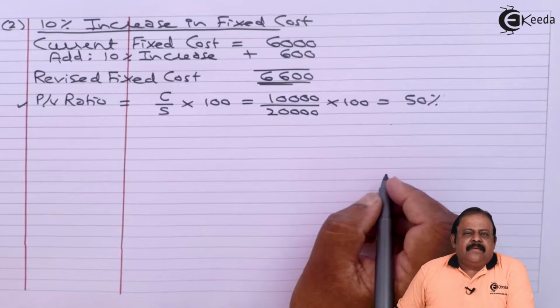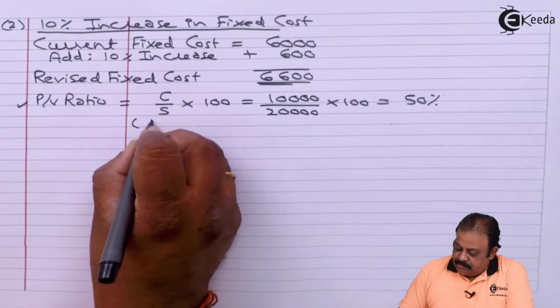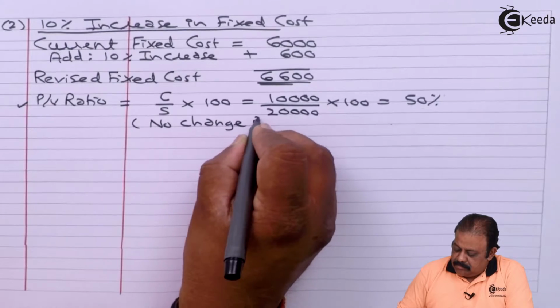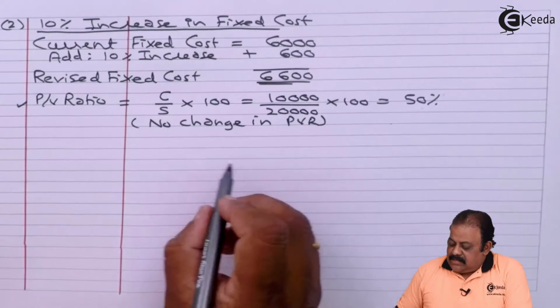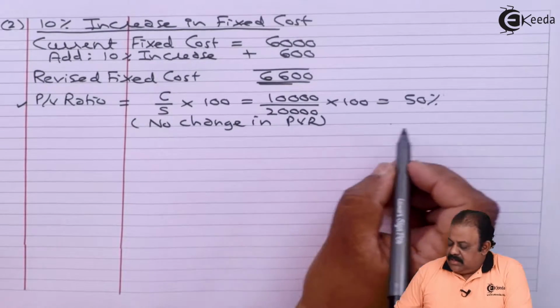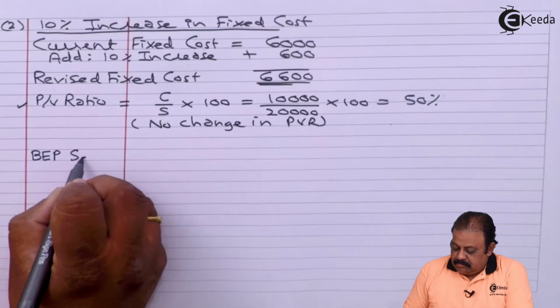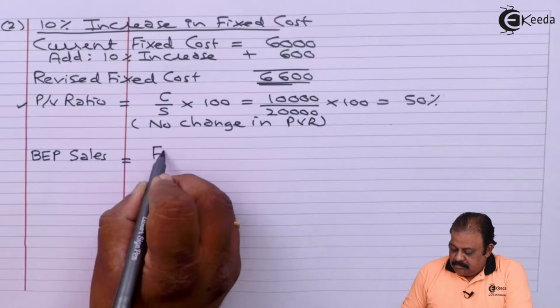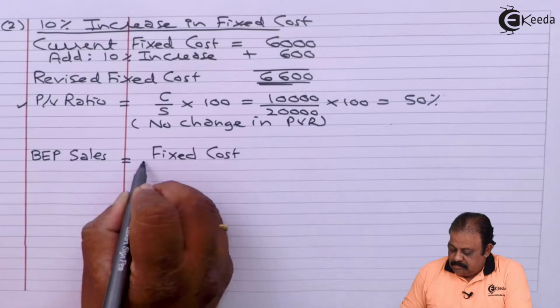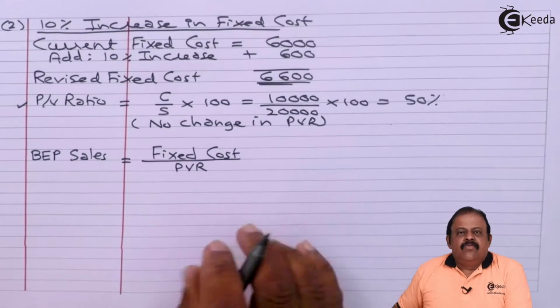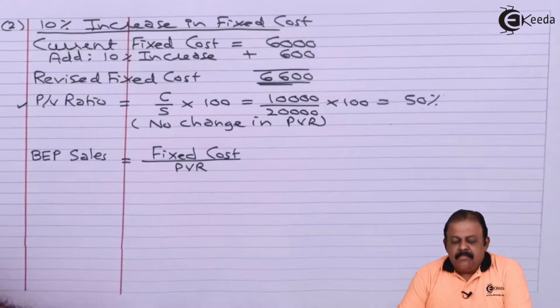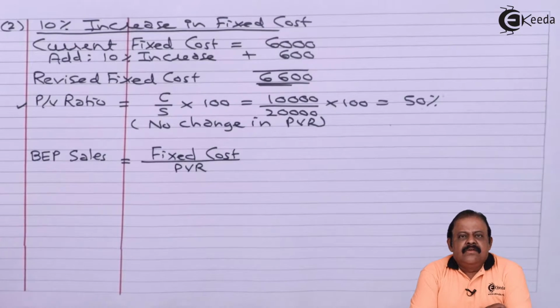So PVR is same, 50%. Thus there is no change in PVR. It is 50%. Now we will proceed to calculate break-even point sales.